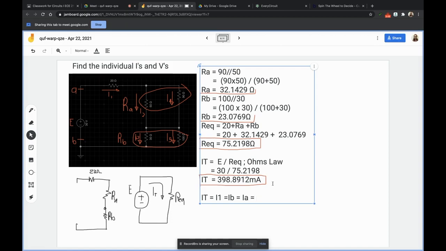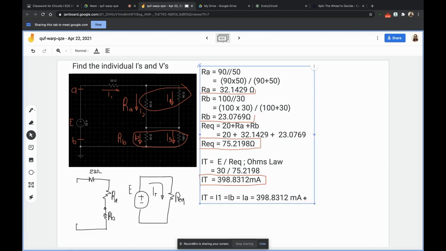That is 398.8912 milliamp. Okay, so that means here, if after this drawing, balik kayo dito. Ito yan, one step. This states that the current of I1 is equal to the current of RA and the current of RB.